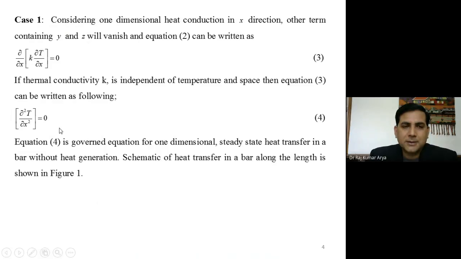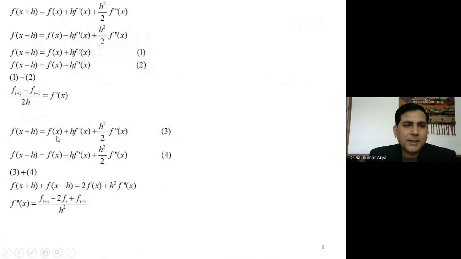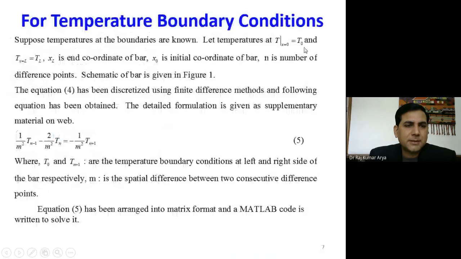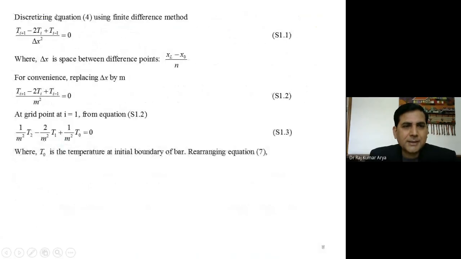Now for this, you can use the central difference formulation just to calculate your second derivative. And if you do that, practically you will get this. So I did here, this is your expression for the second derivative, which I wrote just now to you. Correct? Yes, sir.